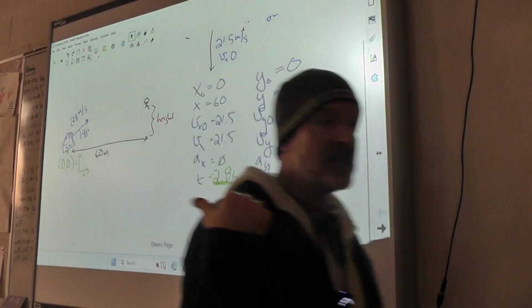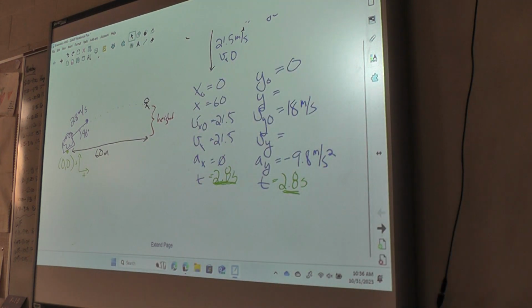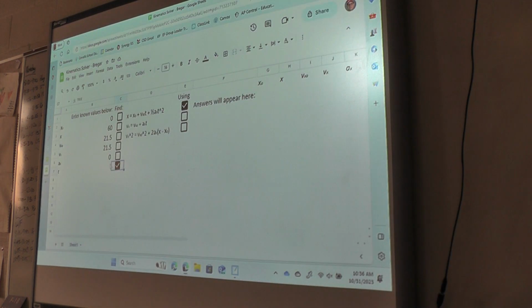So if we put all this information into the solver, we're going to determine that with an initial position of 0, an initial velocity of 18, an acceleration of negative 9.8, and a time of 2.8 seconds, we can find the final position.